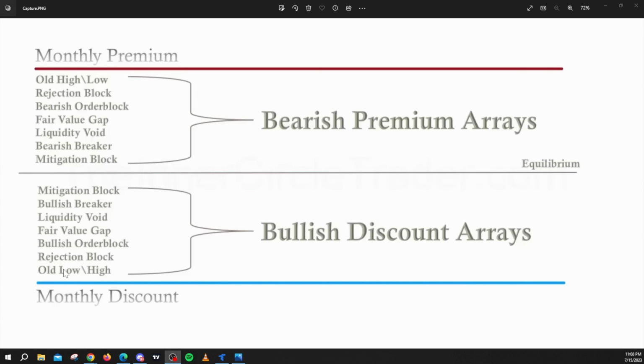We took out an old low and we formed a rejection block. So we're going to look at this series of arrays that start forming bullish arrays as it puts these in. And so we'll use our higher time frames to look at where we would take entries on the lower time frames. Okay, so we'll go back and look at the chart right now.